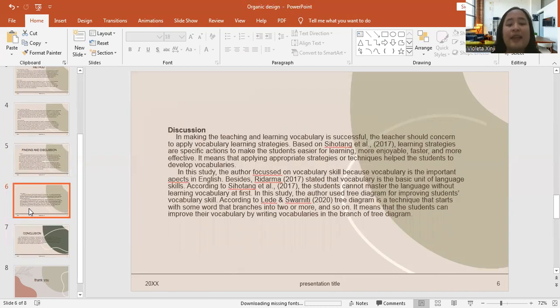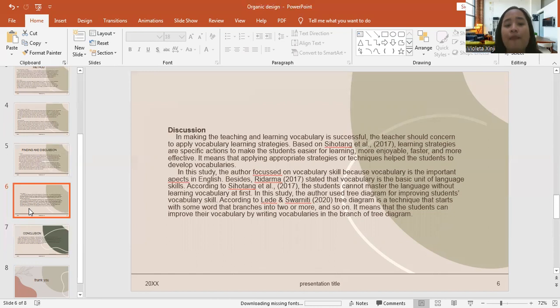Discussion, in making the technique and learning vocabulary successful, the teachers should consider applying vocabulary learning strategies. Besides, in learning, strategies are actions to make the students learn easier, more enjoyable, faster, and more effective.